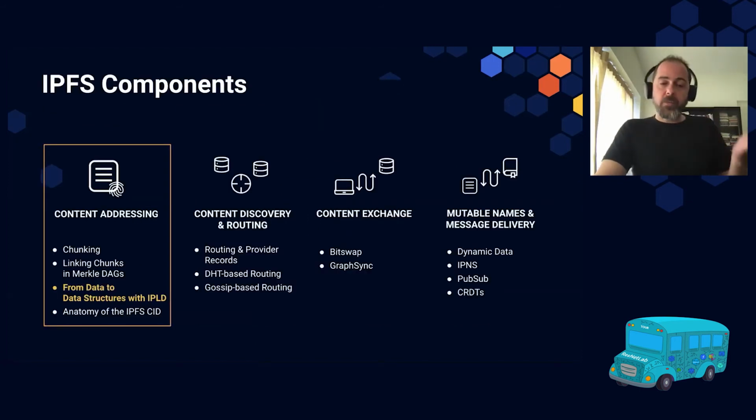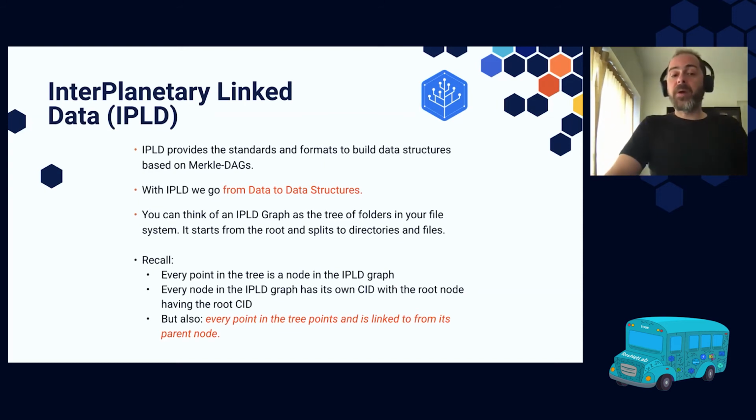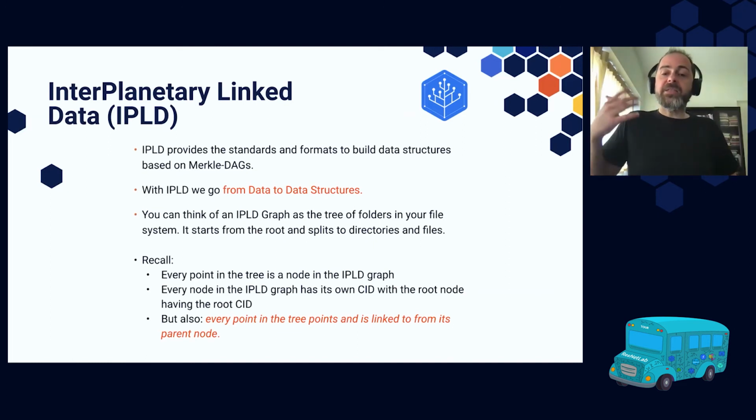Now, we talked about chunks, and we linked chunks together. Now we want to go from data to data structures. In IPFS, this is done with IPLD, the InterPlanetary Linked Data, which provides the standards and formats to build data structures based on Merkle DAGs. So you can think of an IPLD graph as a tree of folders similar to the one that you have on your computer, where there is a root node and then there are subfolders and files in them.